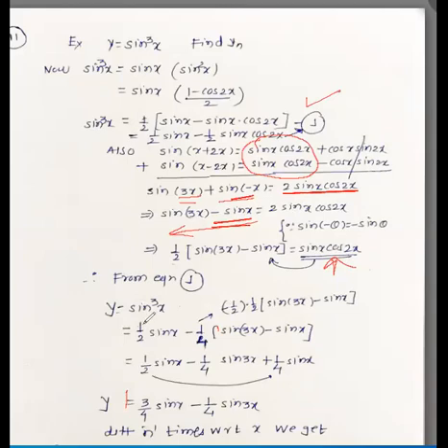So we get y equal to sine cube x. It is equal to the first term, half sine x as it is, minus 1 upon 2 into this product sine x cos 2x. Now this half is also common.